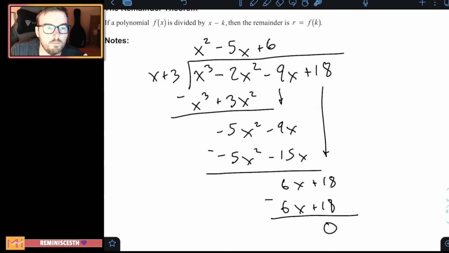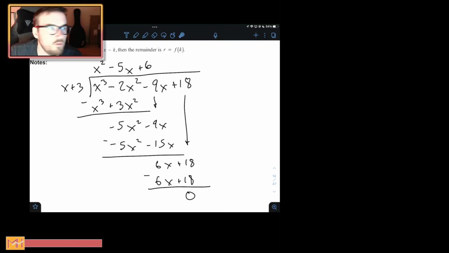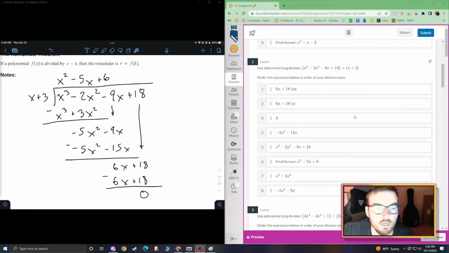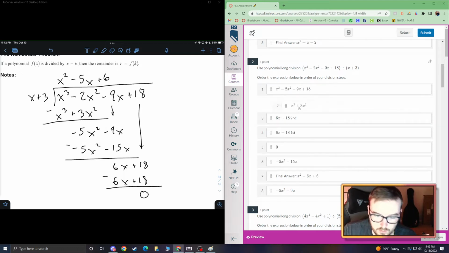So if you pull that open, the order is, sorry, a little clunky here, but I'm doing my best. The order would be: here's the original problem. We did x cubed plus 3x squared. That was the first thing.